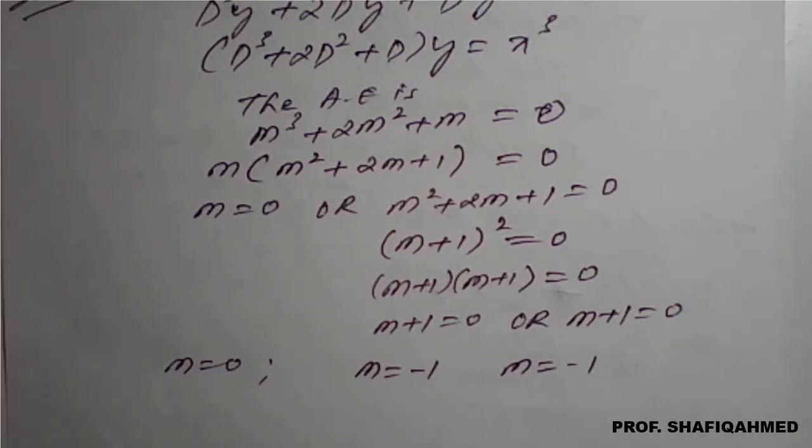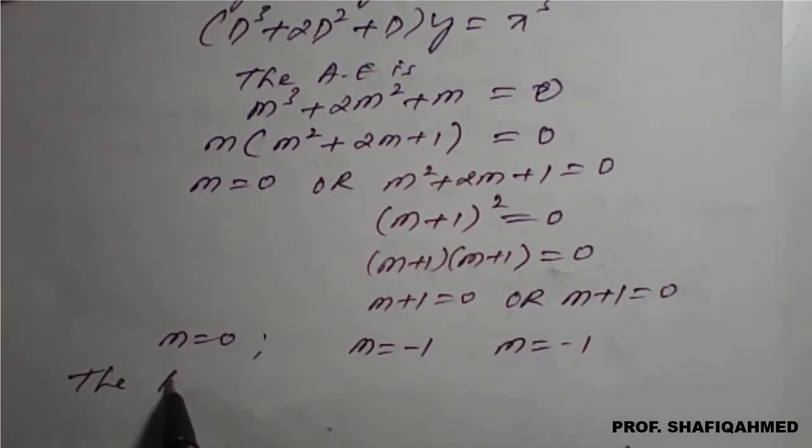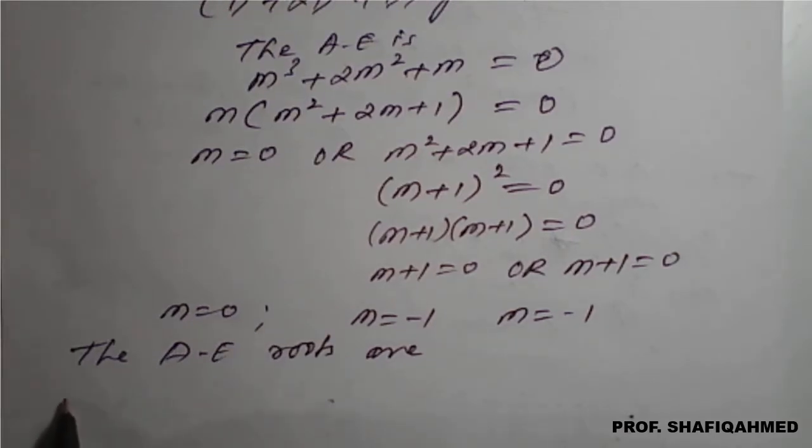Therefore the auxiliary equation roots are m equal to 0, minus 1, minus 1.